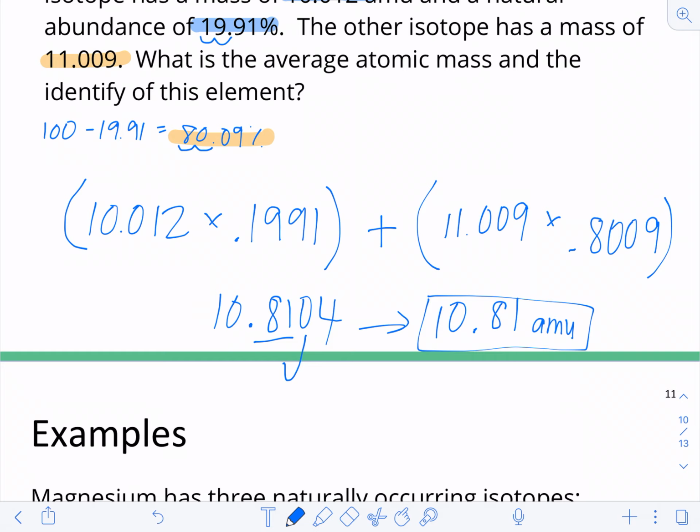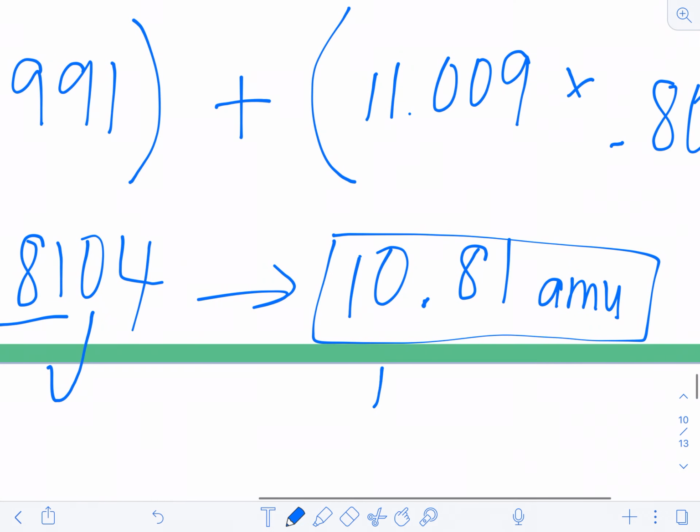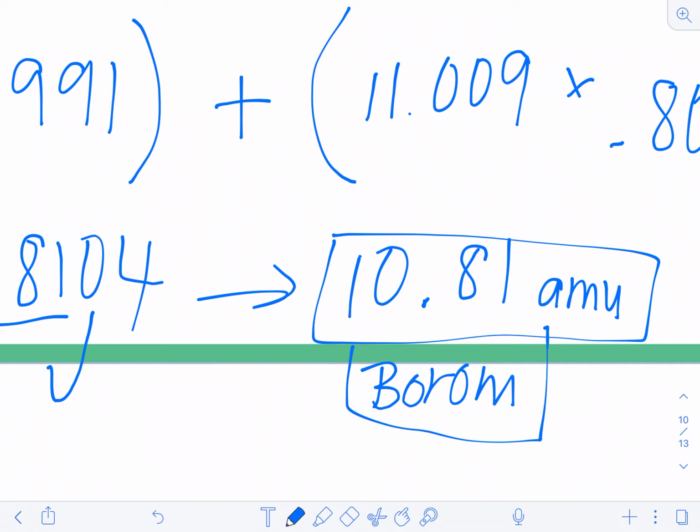If we scan for a mass of 10.81, you should see that boron has that mass as well. So this must be boron.